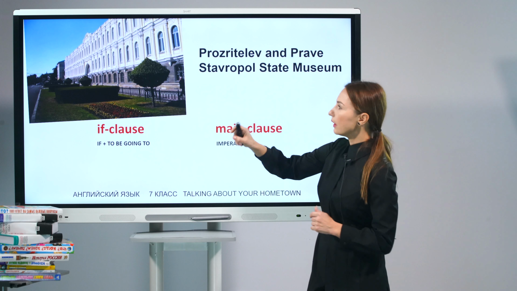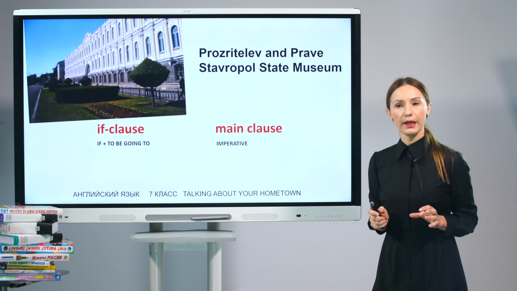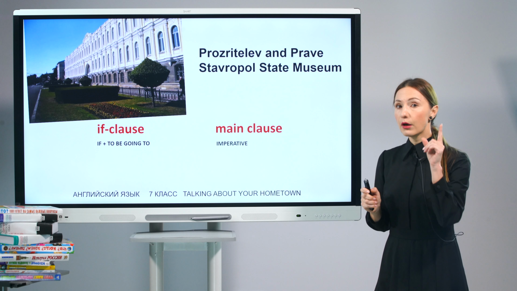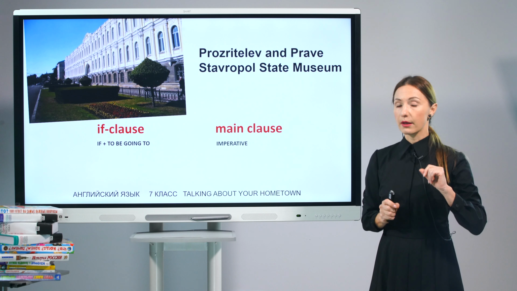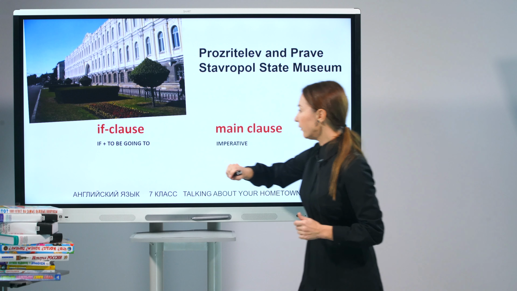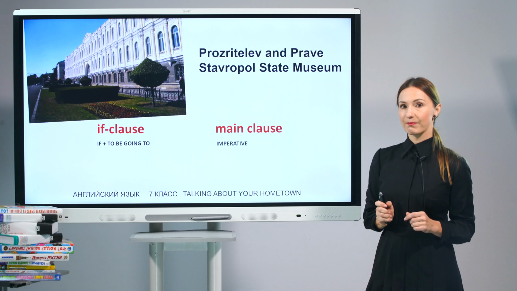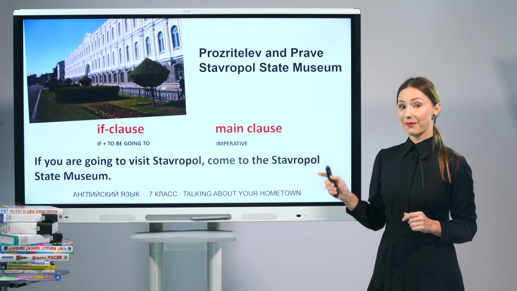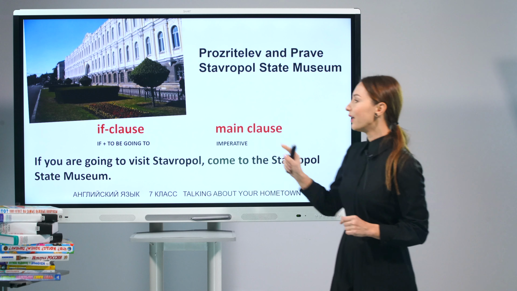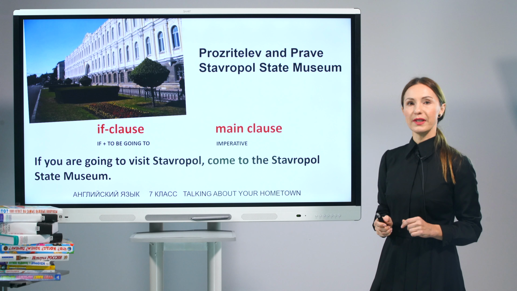Next one, look, it's our very beautiful state museum, Stavropol State Museum. Think of your phrase when you can use to be going to after if, or imperative in the main clause. My example is, if you are going to visit Stavropol, come to the Stavropol State Museum.